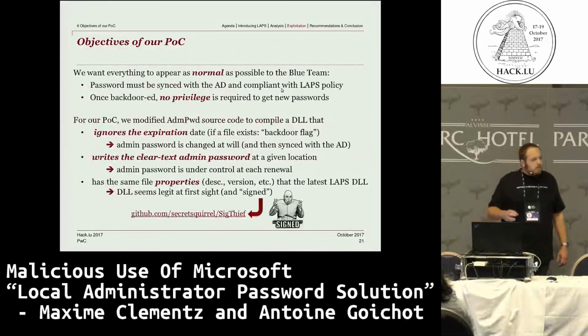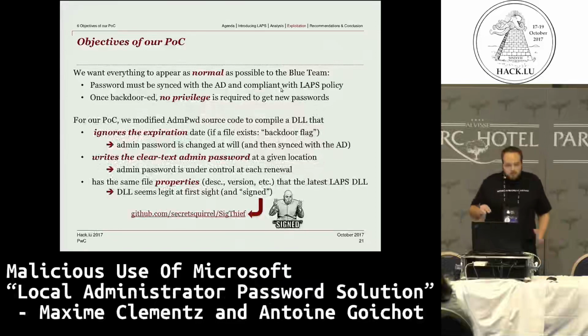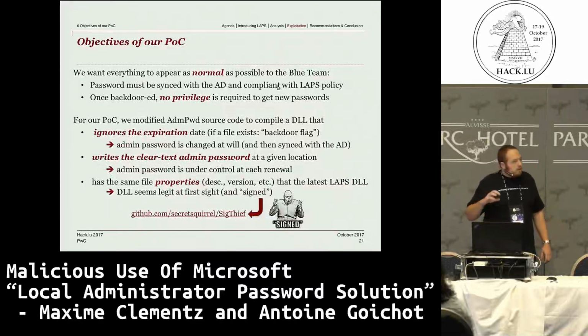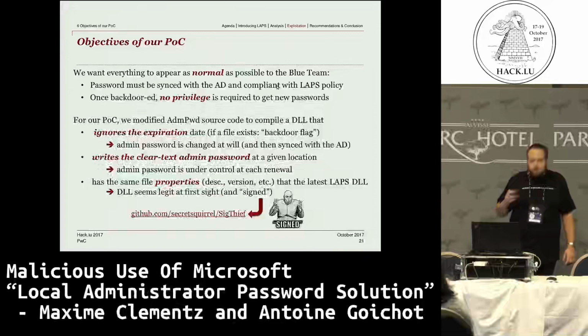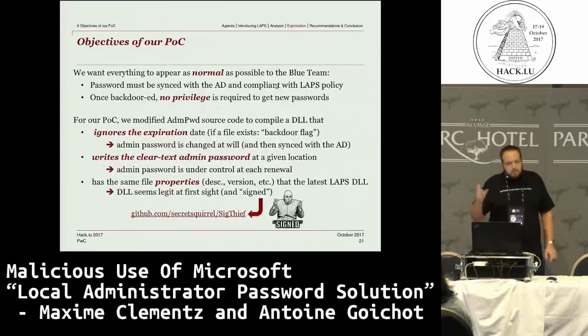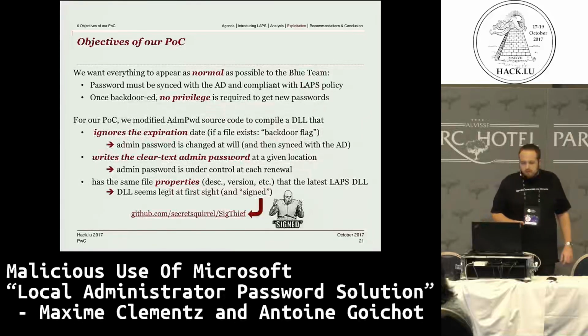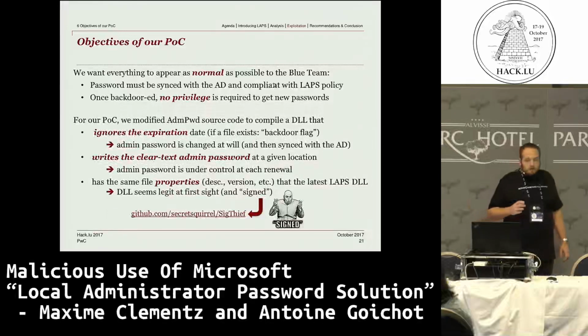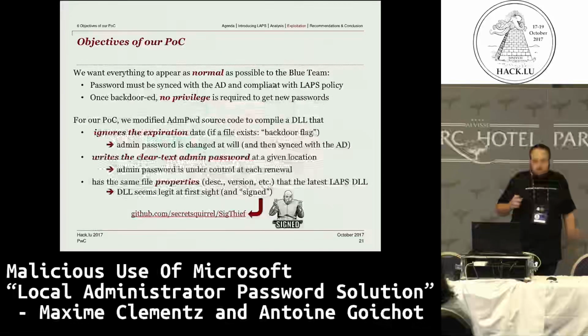So for our POC, we decided that we want to appear as normal as possible, and we said that the attacker has physical access to the computer. We want to have the password synced with the AD. So the password written in the AD is the same as the real local admin password. And so for our POC, we decided to have the simplest functionality.